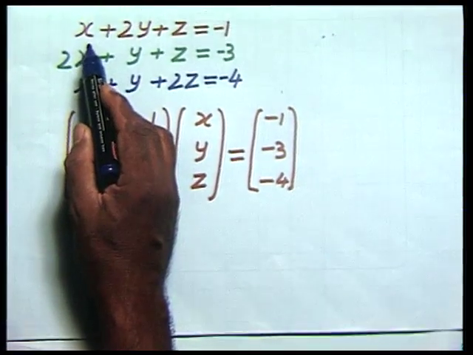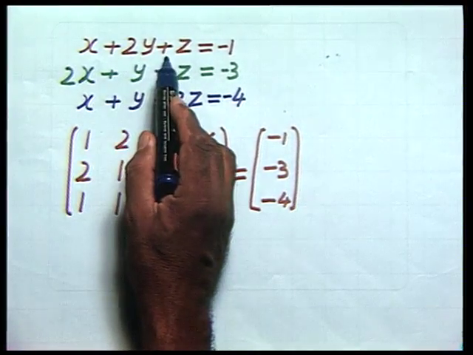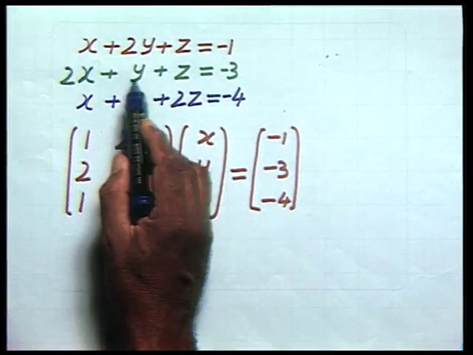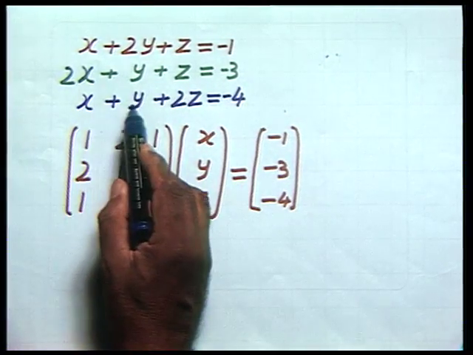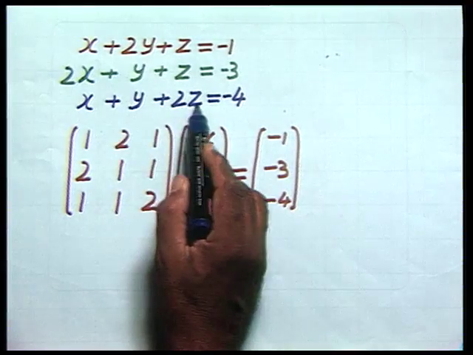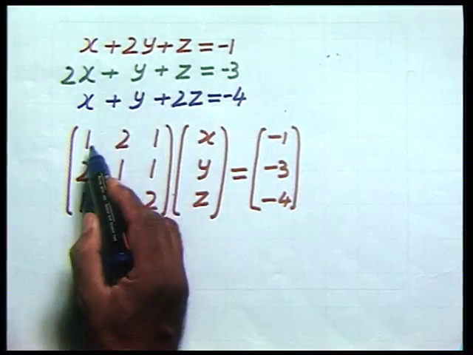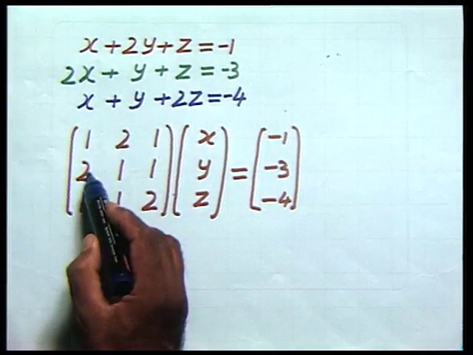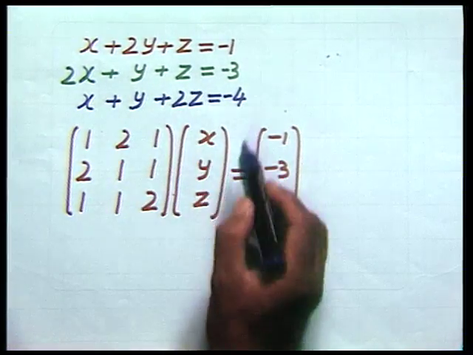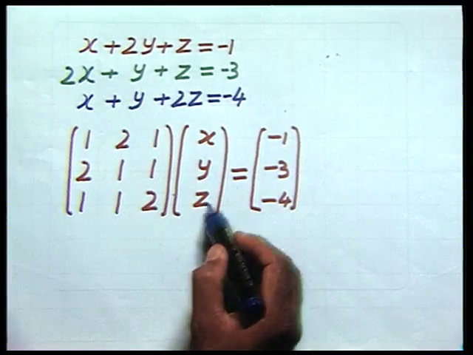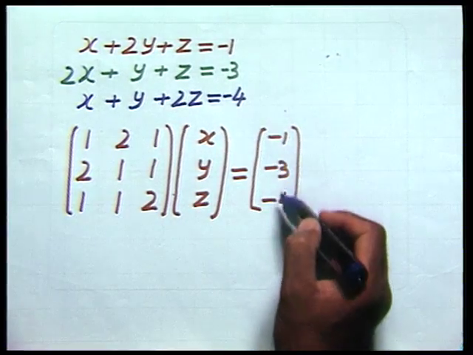We are considering the equations x plus 2y plus z is equal to -1, 2x plus y plus z is equal to -3, x plus y plus 2z is equal to -4. In the matrix form, [1 2 1; 2 1 1; 1 1 2] times [x; y; z] equal to [-1; -3; -4].